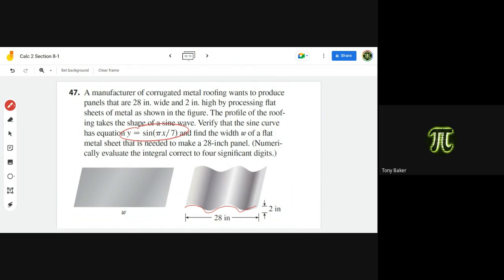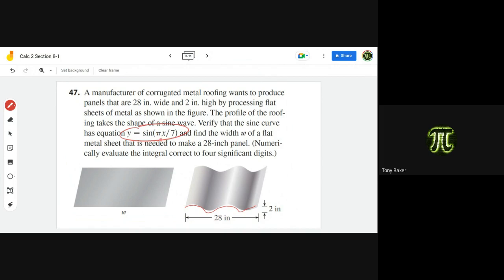How would we figure out the limits? So I want it to be how long? So 0 to 28. Because remember, when we're looking at our integral, we're looking at the actual curve. So my curve is starting at 0 and going to 28. Do we have to change the equation in x?